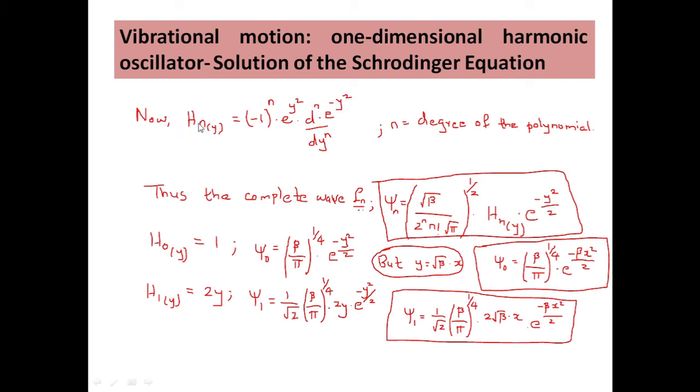Here Hn is a function of y, and n is the degree of the polynomial. Therefore, the complete wave function comes out to be psi n is equal to this normalization factor into the Hermite polynomial Hn(y) into our asymptotic solution e raised to minus y squared by 2.